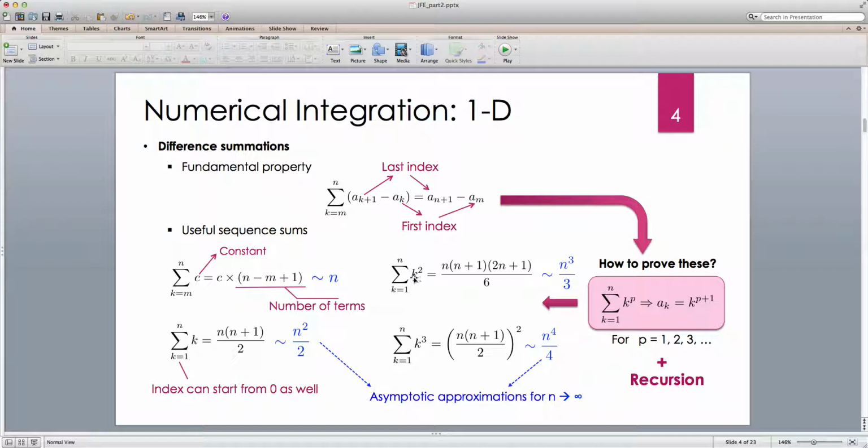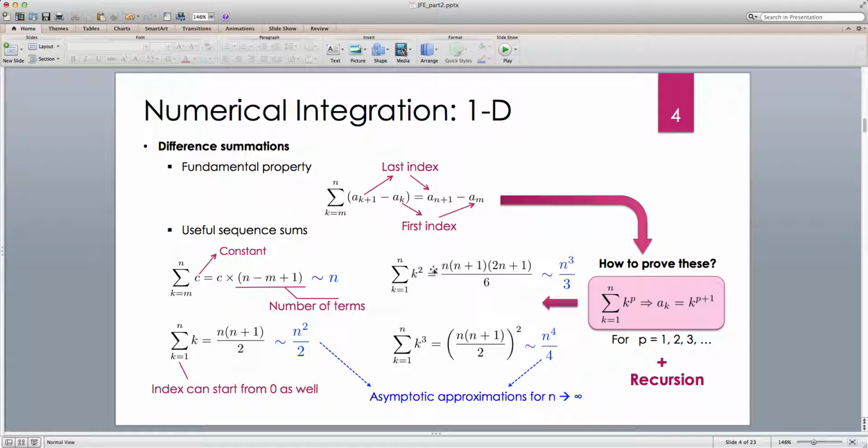So the sum of k squared from 1 to n. So basically we are summing 1 squared plus 2 squared plus 3 squared, etc. It is equal to the last term times the last term plus 1 times twice the last term plus 1. So n times n plus 1 times 2n plus 1, all right? n is the last index basically.